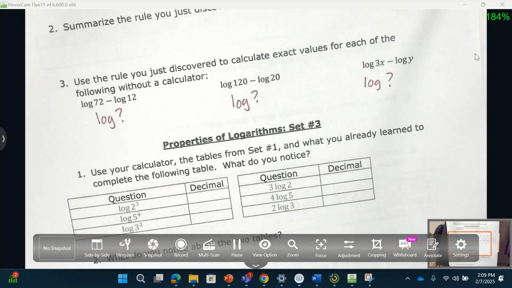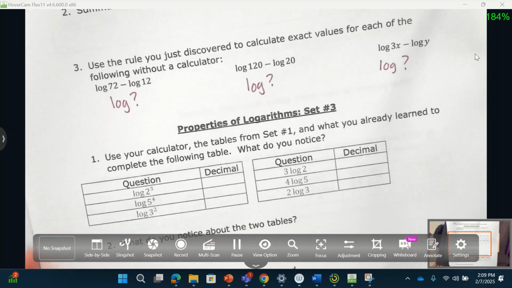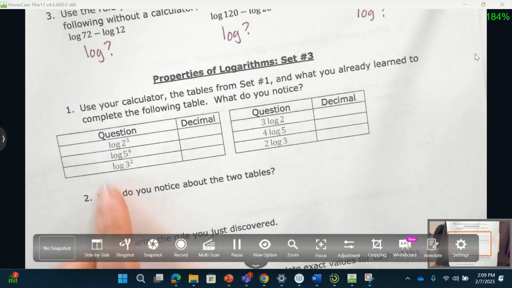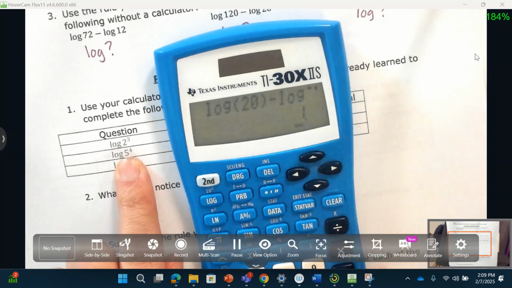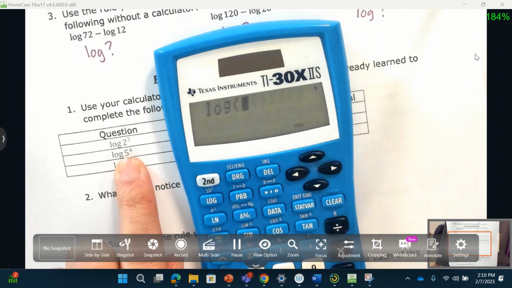Now the last part is a little bit different, and I've rewritten this part a couple of times. So here you're going to do log of 2 to the third. Now what we had happen in class was we had some calculator issues. So on this type of calculator, it should be log and then 2, and then I'll use the exponent button to the third power and then close out the parentheses.